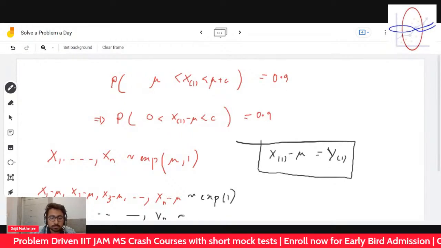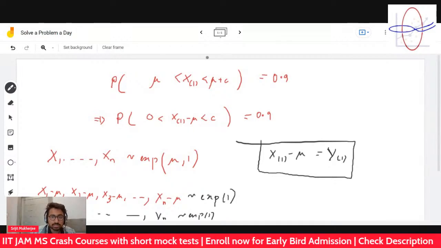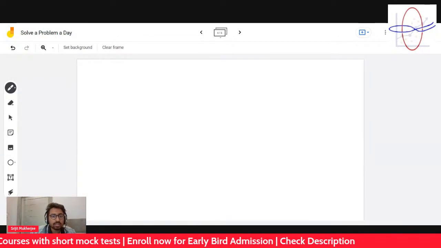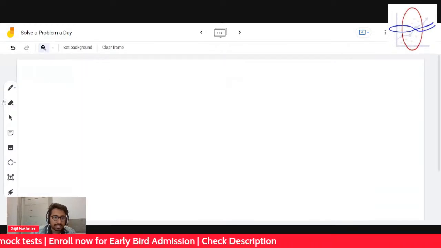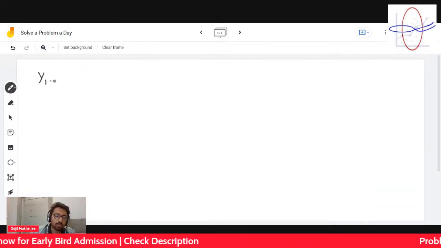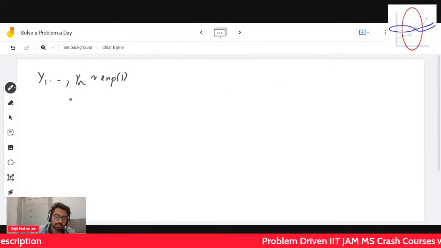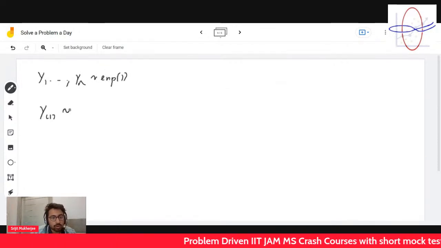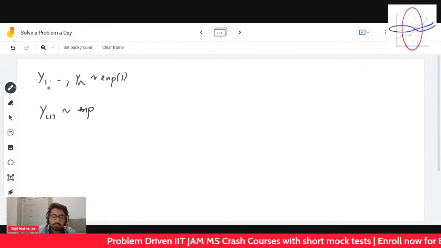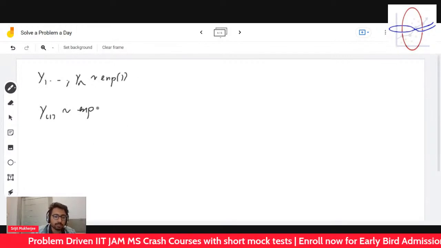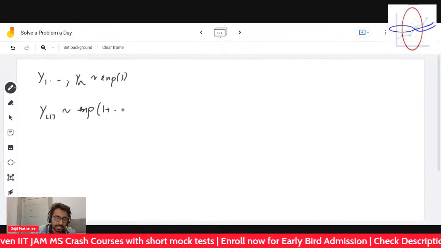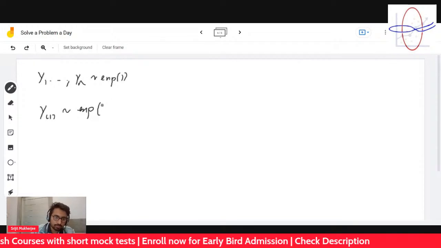Now the yi's are all exponential 1, and you know this interesting result that if y1, ..., yn follow exponential 1, then the minimum order statistic y1 follows exponential with the sum of all the parameters, if they're independent. That's 1 plus 1, n times, so exponential n.